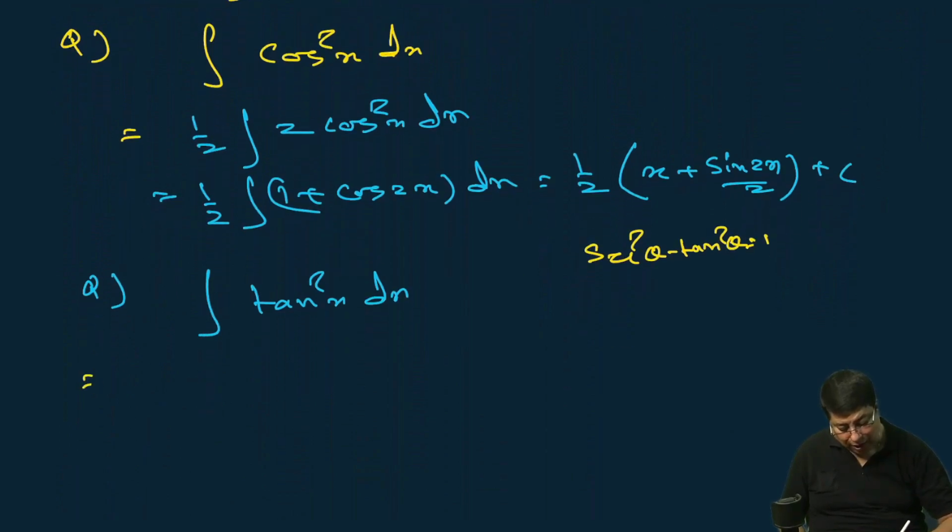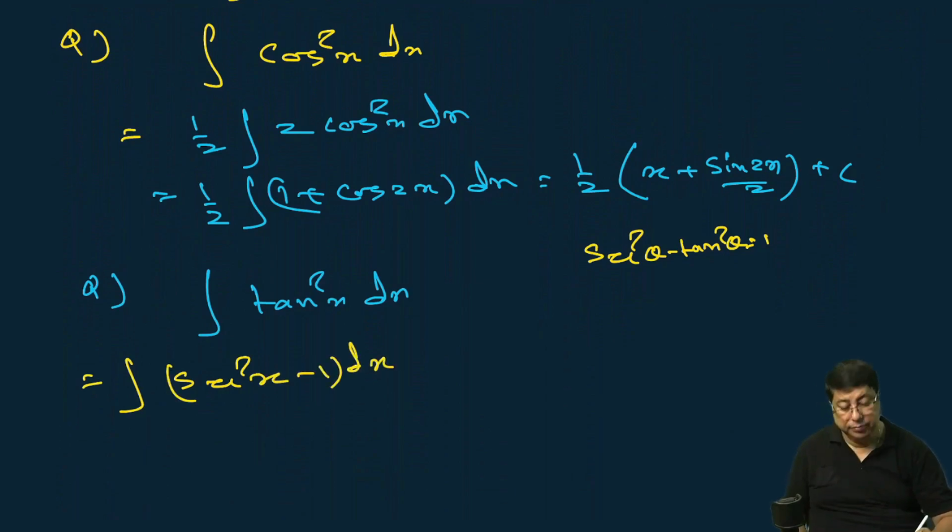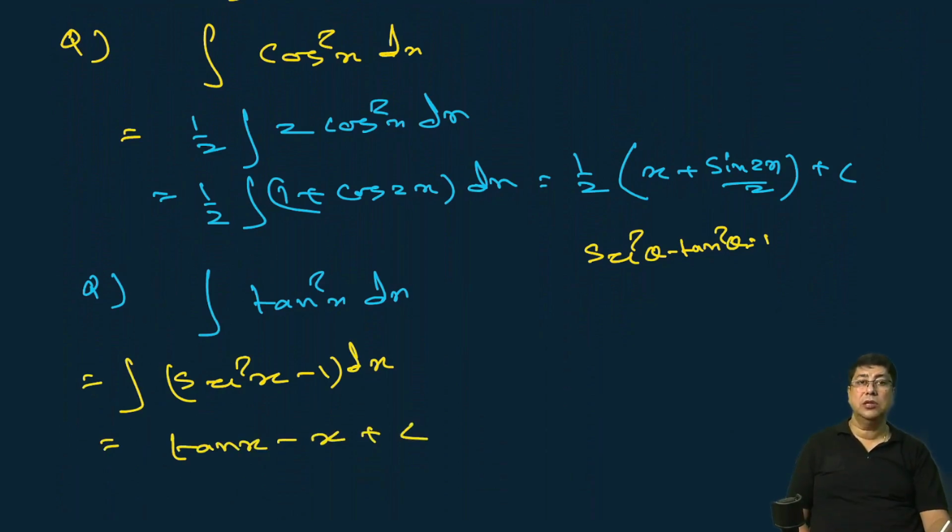Therefore, we can write here tan square x is sec square x minus 1. So integration of sec square x is tan x, minus integration of dx is x, plus c. And c is the integration constant, we know. So you have to understand, practice and learn all the multiple and submultiple angle formulas, because these are very much needed for indefinite integrals.